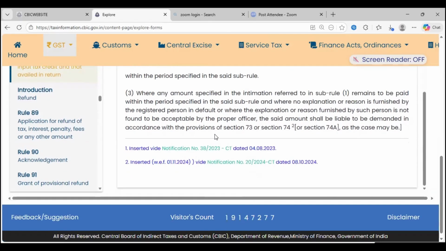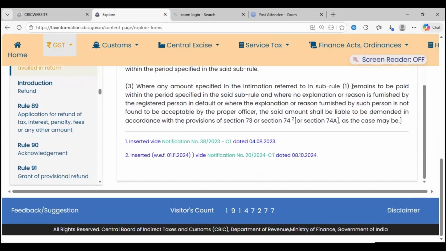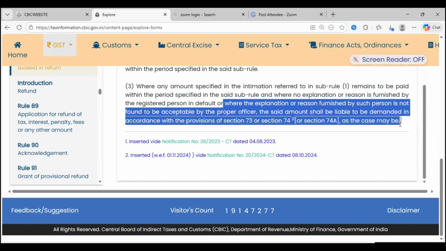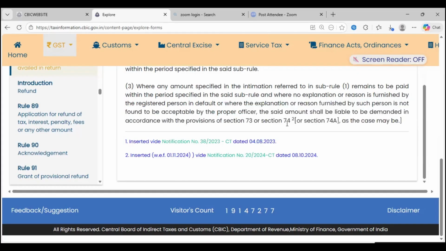Where any amount specified in the intimation remains to be paid within the period of 7 days in the said sub-rule and no explanation or reasons are furnished by the said person, which is in default, or the explanation furnished by the person is not found to be acceptable by the proper officer, the said amount shall be liable to be demanded in accordance with 73 or 74 as the case may be.